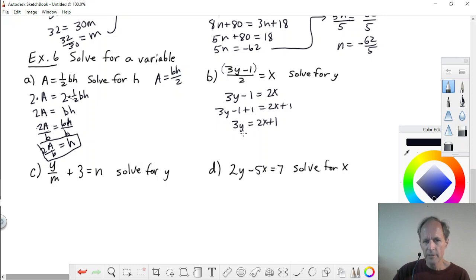All we have to do now is divide both sides by 3. So you could write it like that. And then this one takes a little more work, because on the left now we have y just like we wanted. We've just about finished solving for y. We have on the right 2x plus 1 over 3.